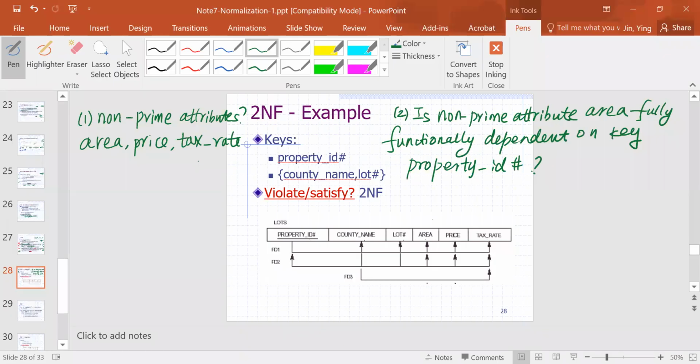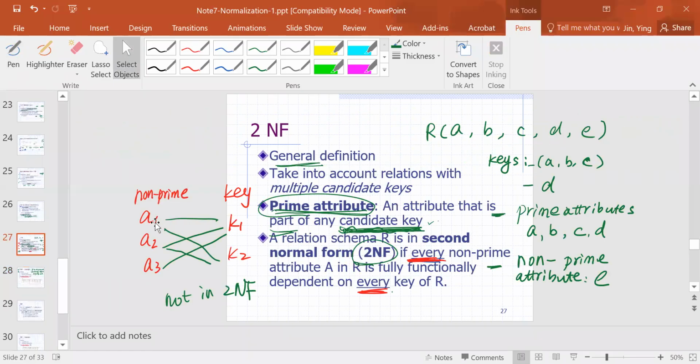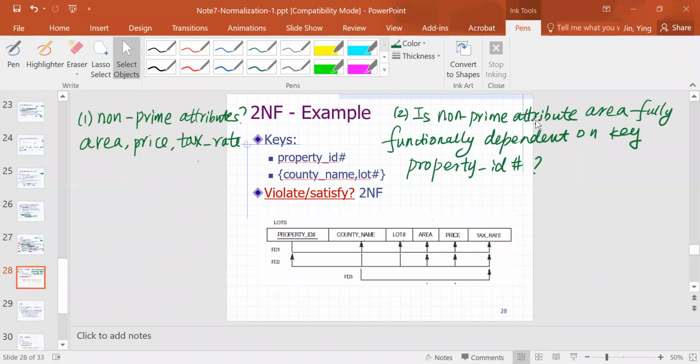So this is pretty much like what we did here, for A1 depends on K1, K2. So I want to see whether it is fully dependent or not. And now I found something interesting, right?